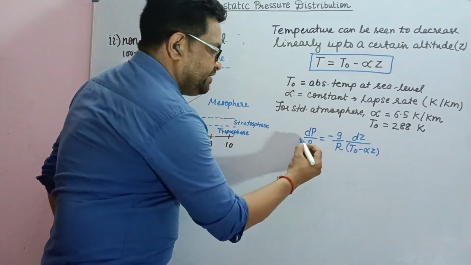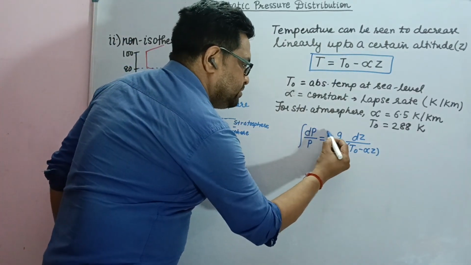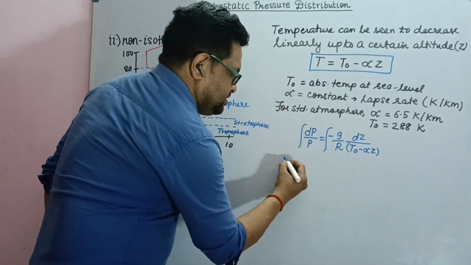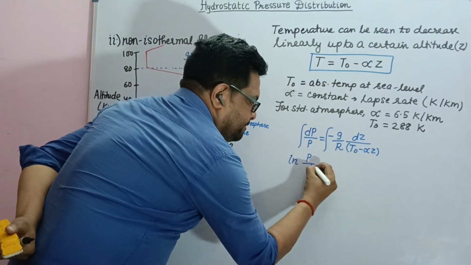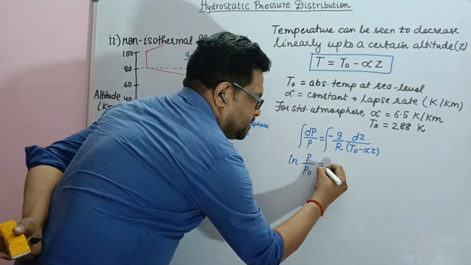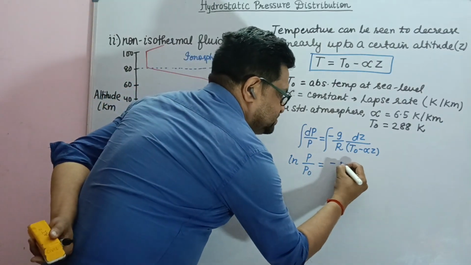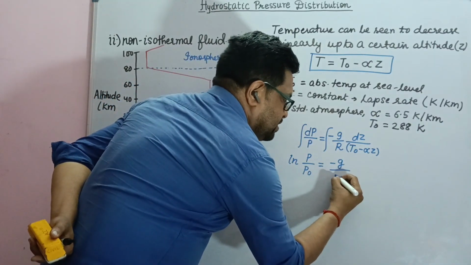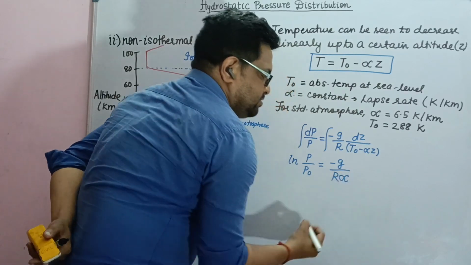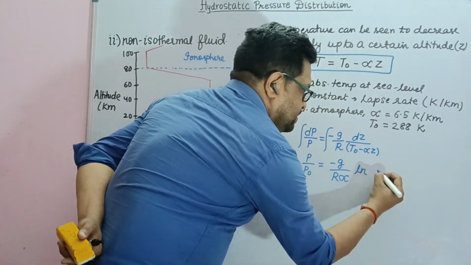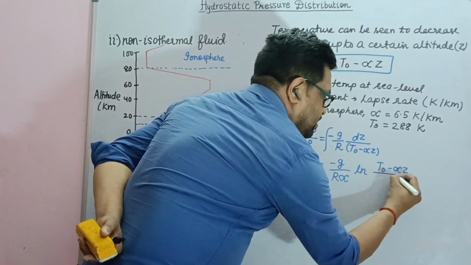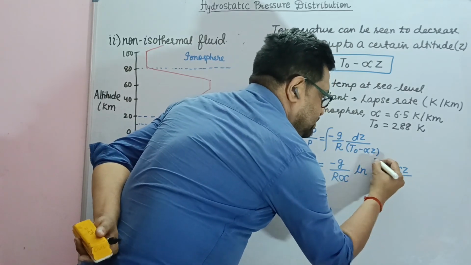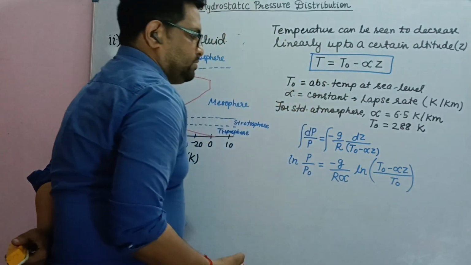So let us integrate it. On integration, we will get ln of P upon P naught equal to minus g upon R alpha, times ln of (T naught minus alpha Z) upon T naught.